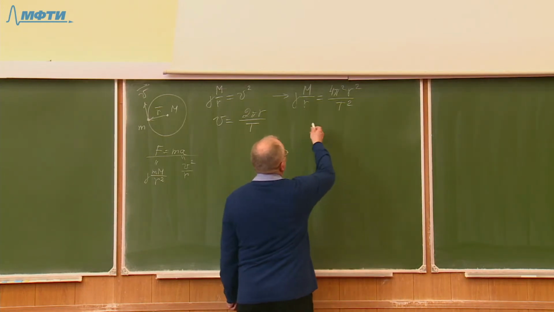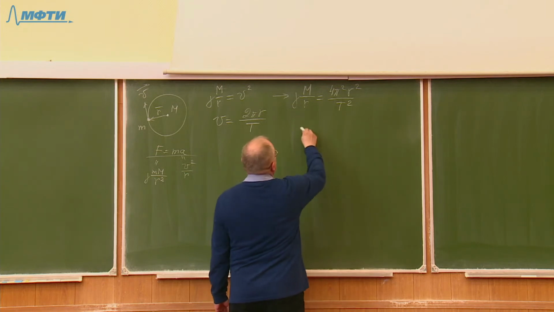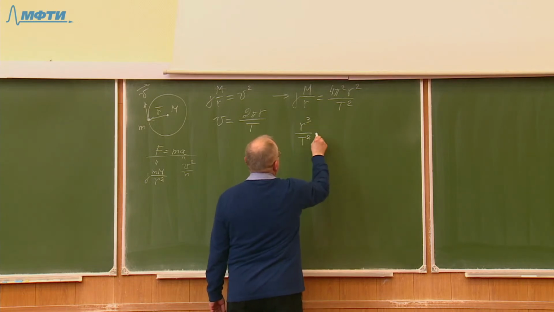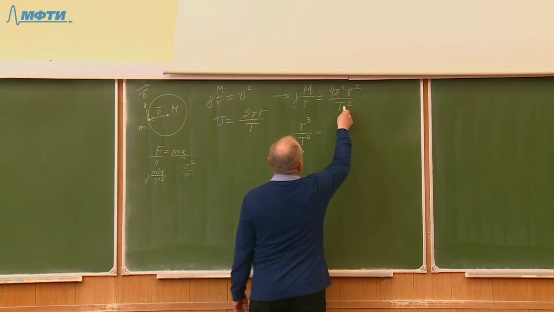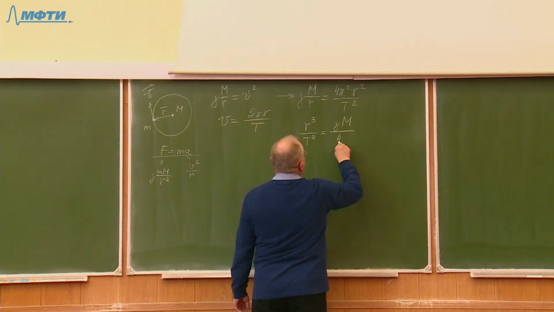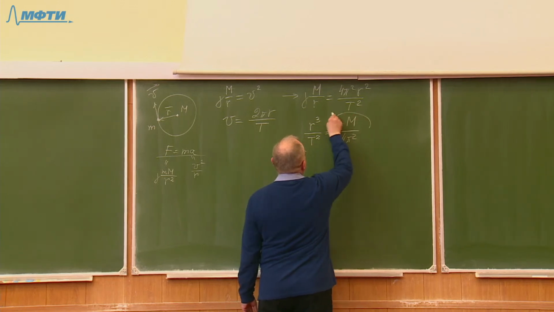And from here, we immediately obtain that radius cubed divided by the period of revolution squared equals gamma capital M divided by 4 pi squared.